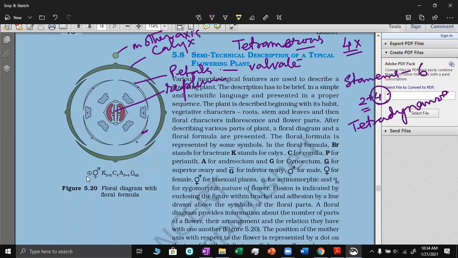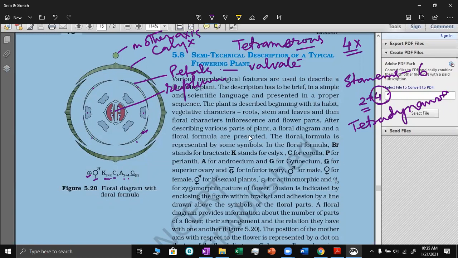And here actinomorphic flower, bisexual, calyx 2 plus 2, that is 2 outer, 2 inner, corolla petals 4, androecium 2 plus 4, and gynoecium 2, united, and superior ovary.